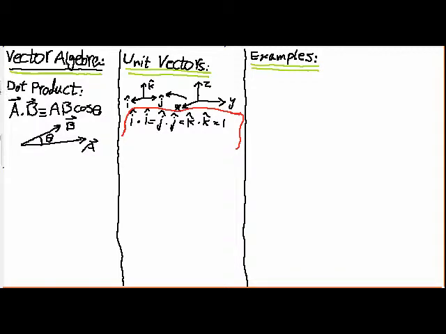Let's first write down the next one. Okay, now I'm going to dot product i hat and let's say j hat. So i hat dot j hat. So here I use again this equation. So this time A is i hat and B is j hat. So magnitude of i is 1 and magnitude of j is 1 again.